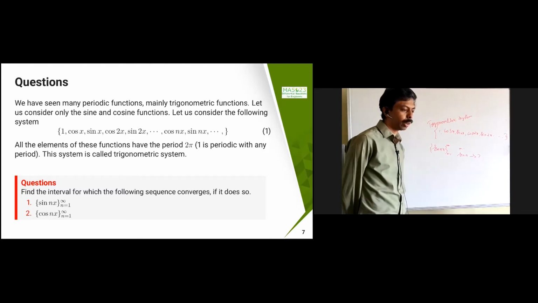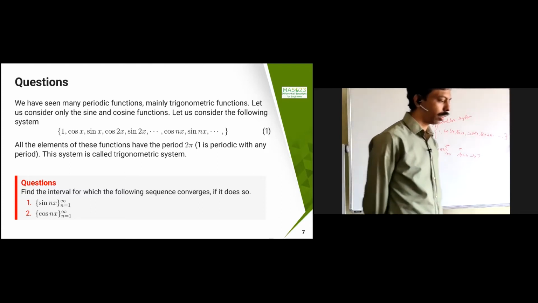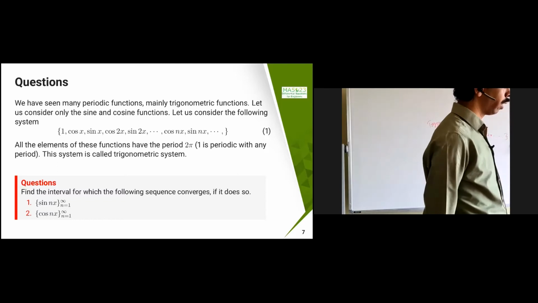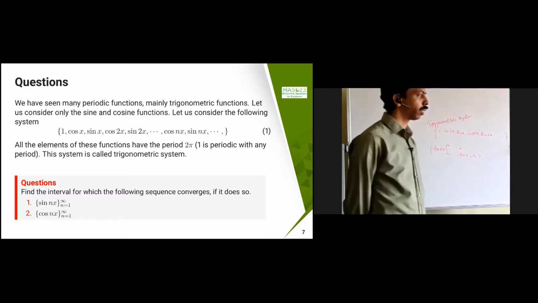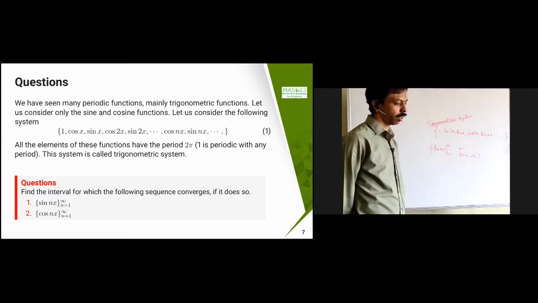For x equal to 0, it is going to be 1, so it is going to converge. Any other points? Pi by 2. Any other points?